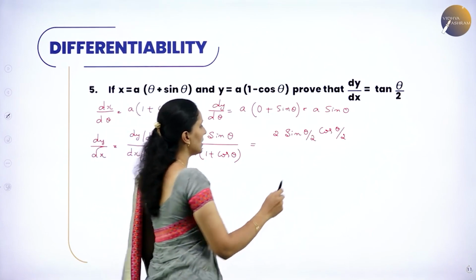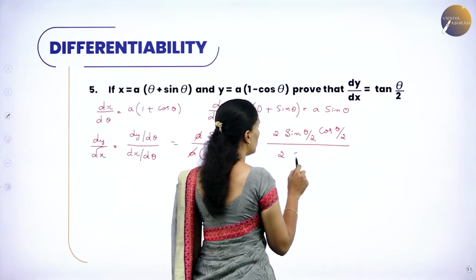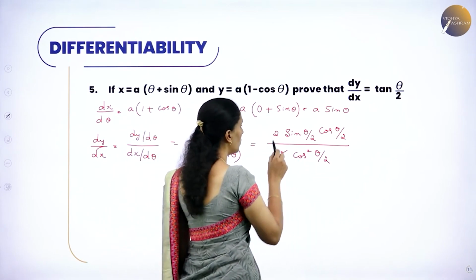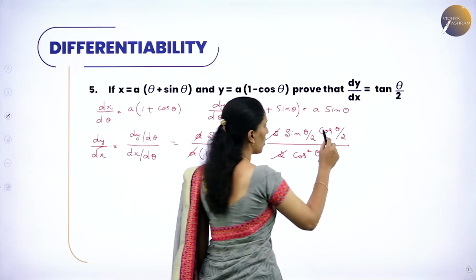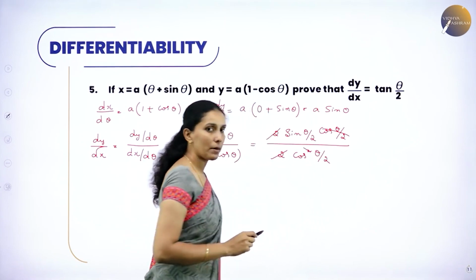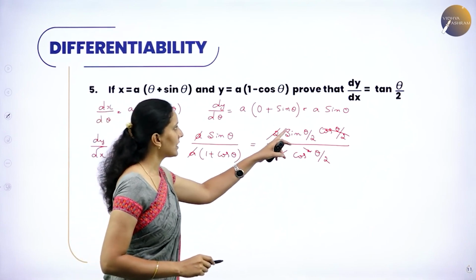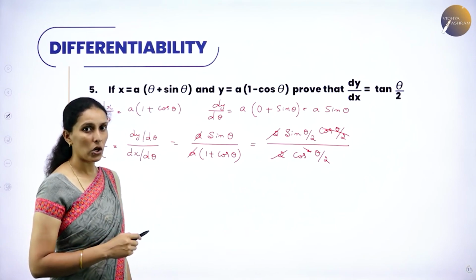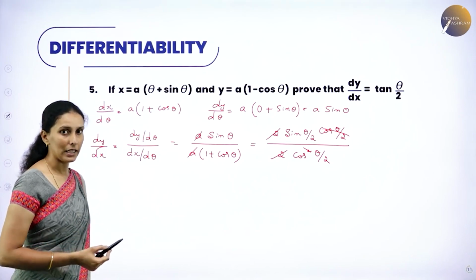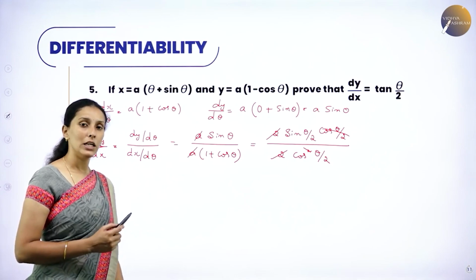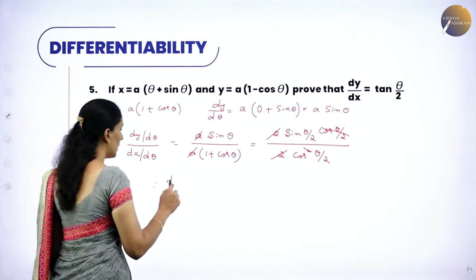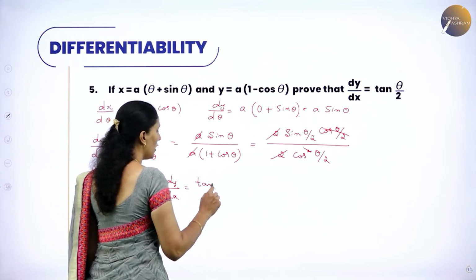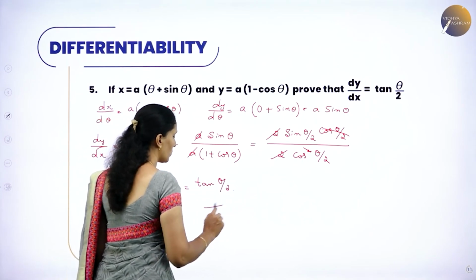And 1 plus cos theta can be written as 2 cos square theta by 2. So now we have 2 which will get cancelled, cos theta by 2 and one cos theta by 2 get cancelled. We are left with sin theta by 2 over cos theta by 2. What is sin theta by cos theta? Which is nothing but tan theta, and hence here it becomes tan theta by 2. So therefore dy by dx is equal to tan theta divided by 2.